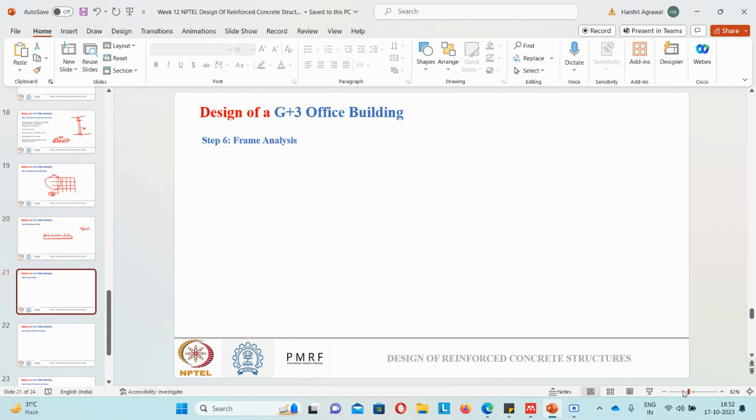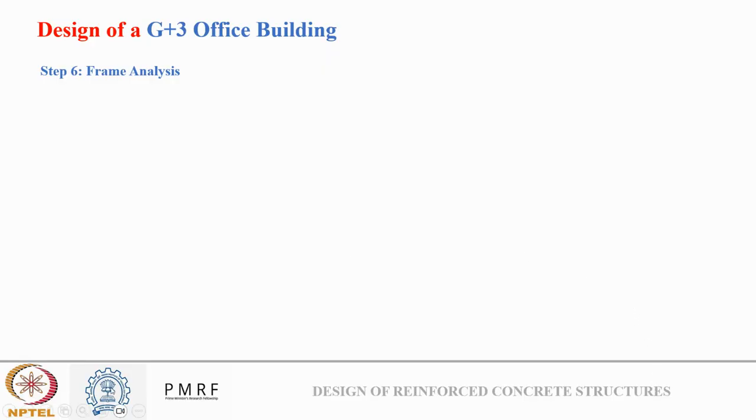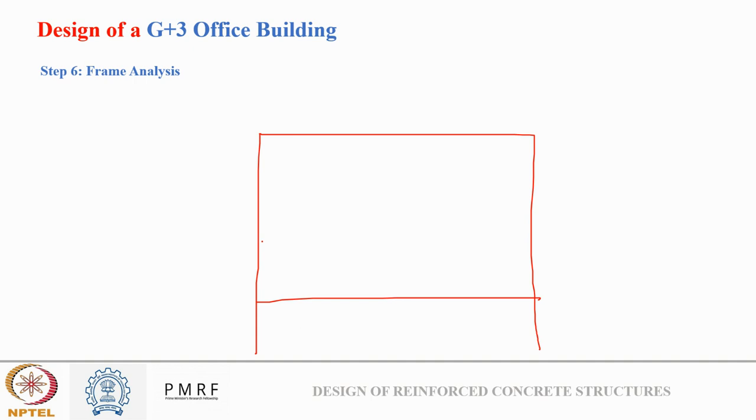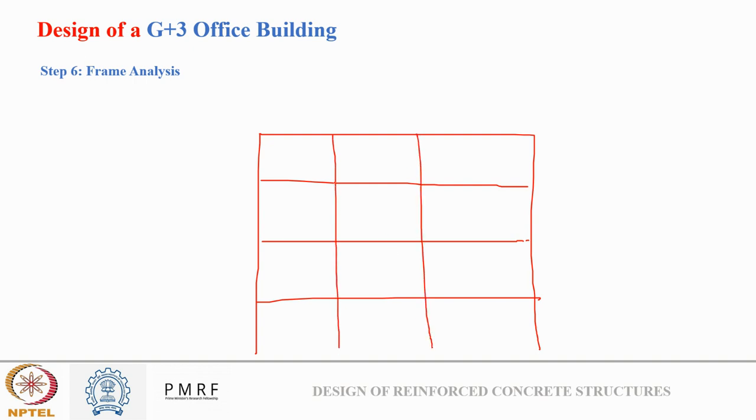Once you have designed the slab, you need to design the beams and columns. For that, you first need to carry out the frame analysis. This might be covered in some different course, so I will just provide you an overview. If I see from a side view, my building will appear like a frame. The horizontal portions are my beams and the vertical portions are my columns.